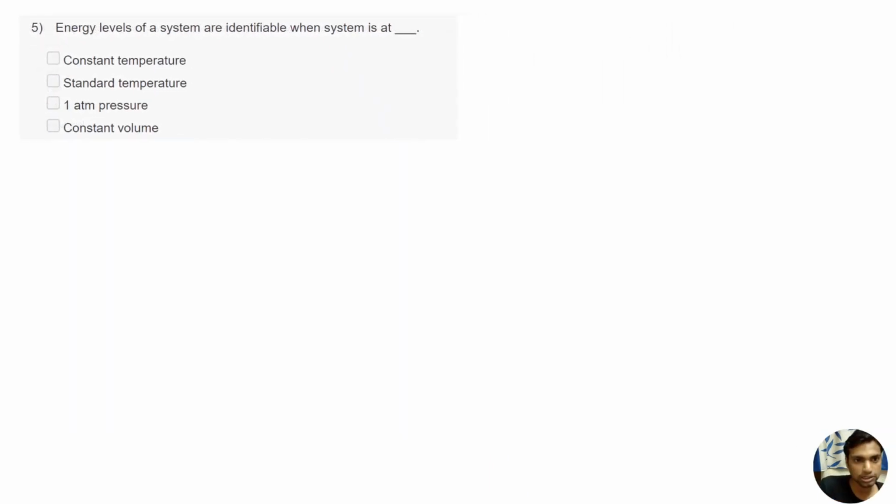What about this? Energy levels of a system are identifiable when the system is at. Basically it's energy levels. Usually we call it CV or CP. CV is constant volume, CP is constant pressure.